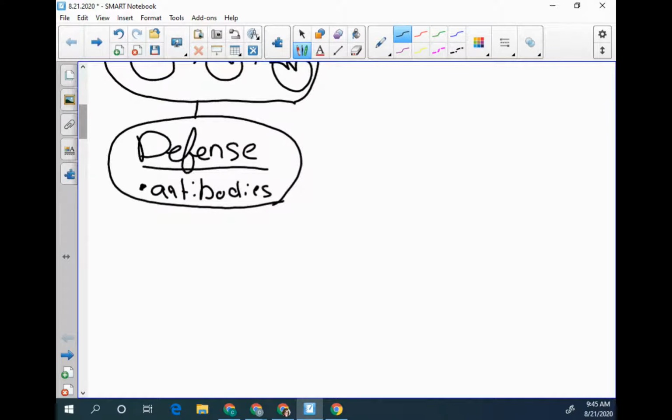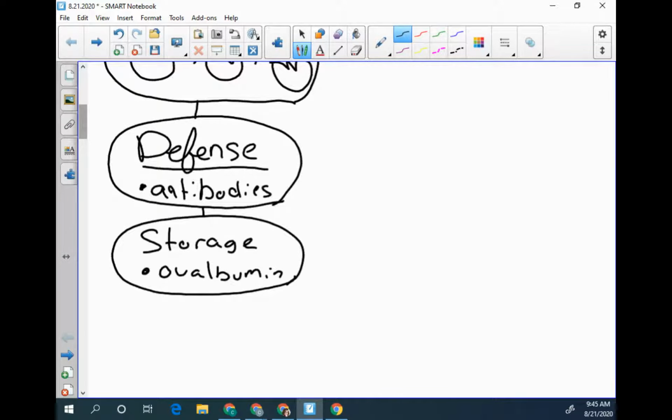We've also got our proteins as storage. And the example I have here is ovalbumin, which is essentially in eggs, like all eggs, not necessarily just chicken eggs, all eggs, period.